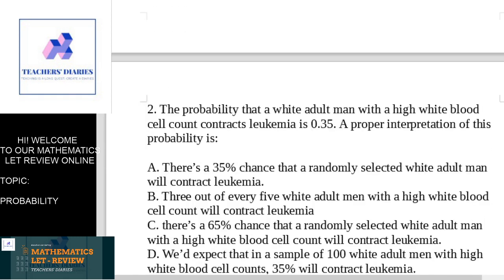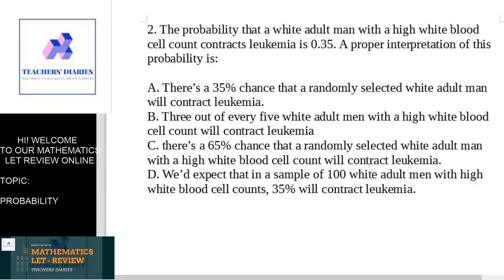Okay, let's proceed to number 2. The probability that a white adult man with a high white blood cell count contracts leukemia is 0.35. A proper interpretation of this probability is: A. There's a 35% chance that a randomly selected white adult man will contract leukemia.